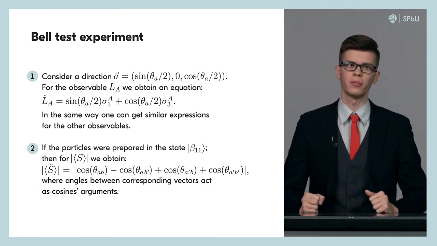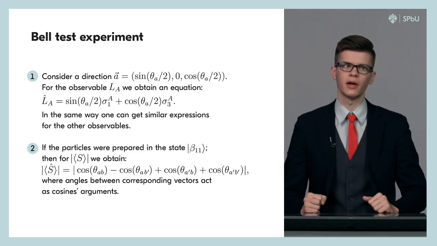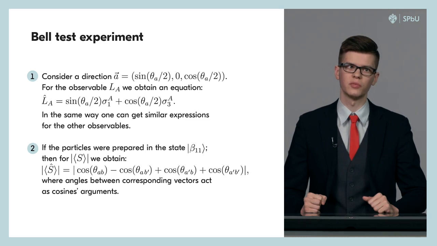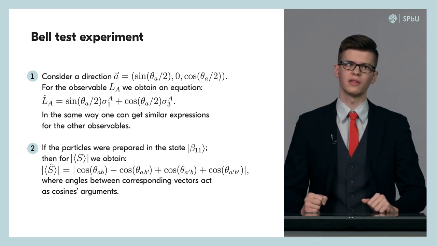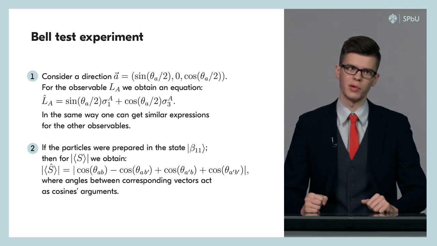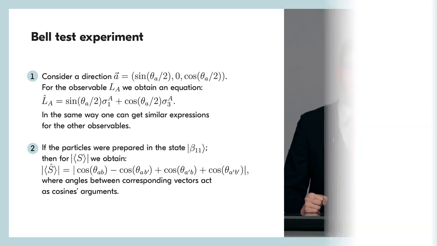So we have obtained the magnitude of the average observable S value in explicit form. We see that it depends only on the angles between the vectors we measured spin projections along. These angles are theta AB, theta A prime B, theta AB prime, and theta A prime B prime, and they are depicted on the separate figure.